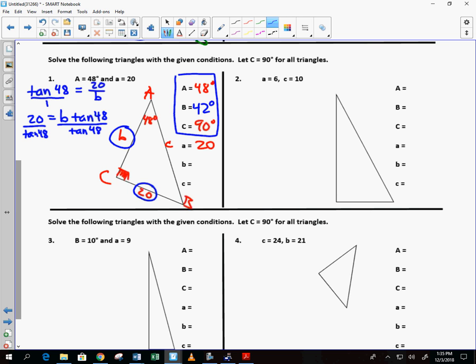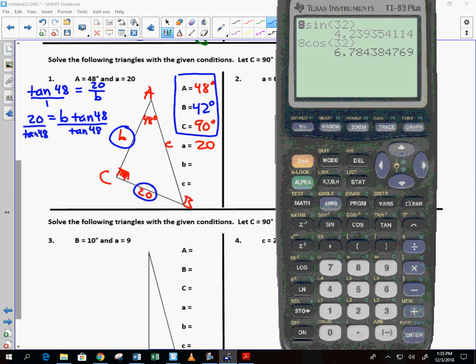Divide both sides by the tangent of 48. So we take out our calculator, and we take 20 and divide by the tangent of 48. 18.01.